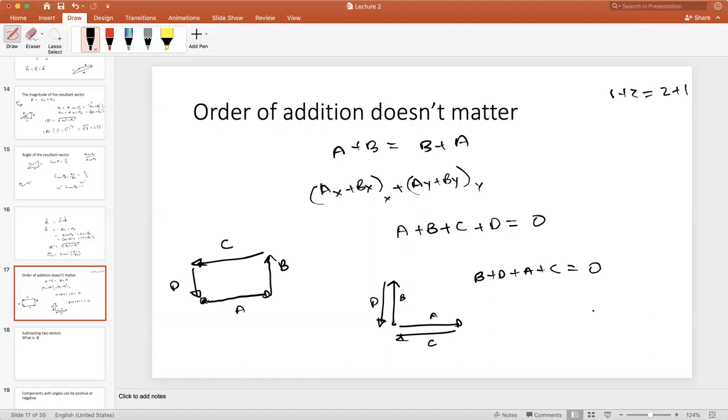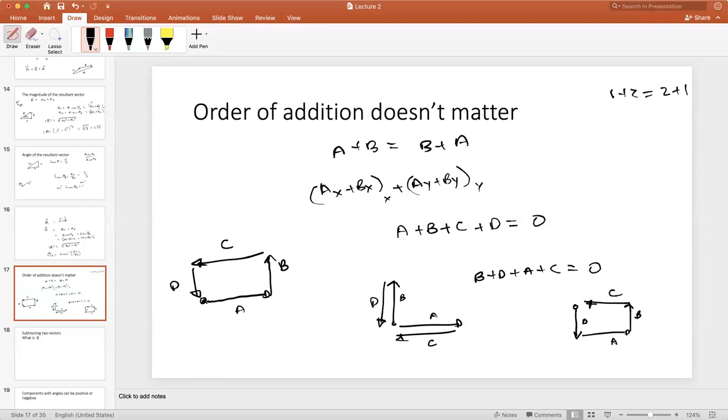Any way you do this, I could start at the origin, go down D, go over A, up B, and over C. No matter what order of addition or subtraction, we'll talk about subtraction in a second, it doesn't matter. You can do them in any order you want.